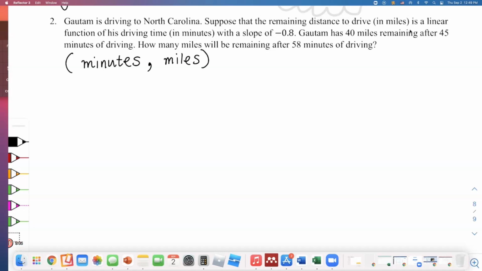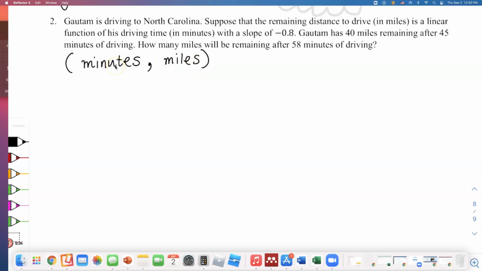So the distance remaining depends on the minutes. So if we tell them how many minutes Gautam has been driving, we can tell he has so and so many miles to drive.